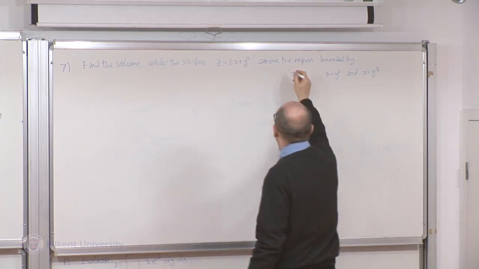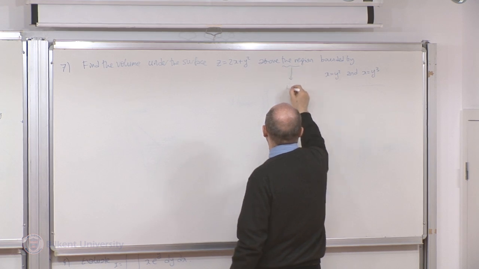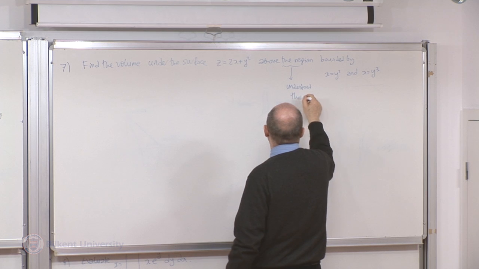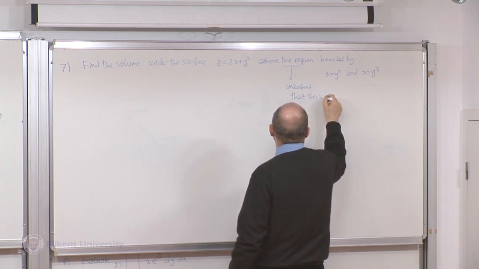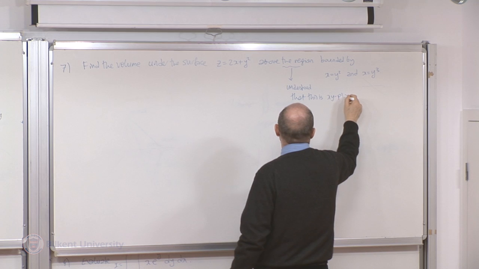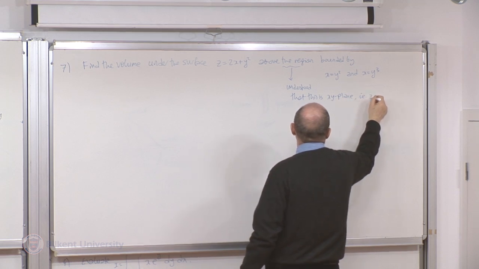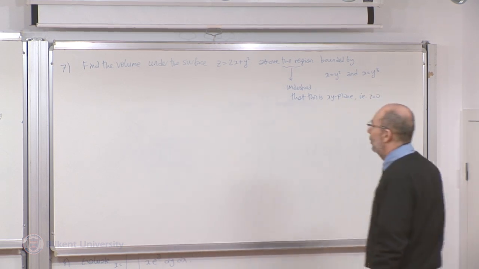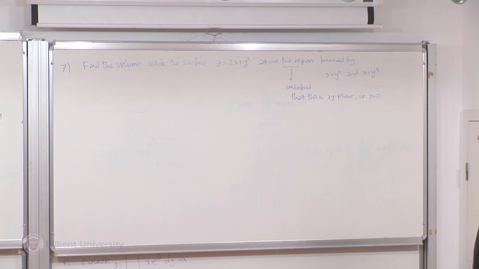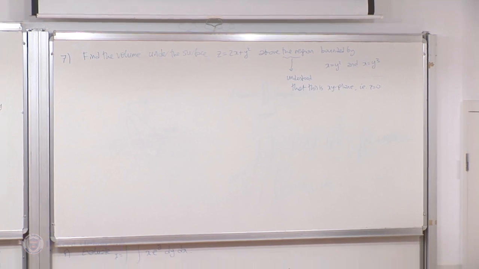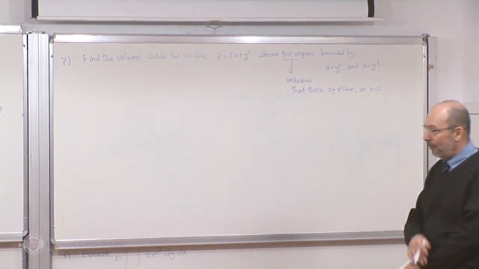Okay, above the region, so it is understood that this is the xy plane, that is z equals 0. So the challenge in such a problem is to sketch the region correctly and set up the integral. Once you set up the integral, the rest is easy most of the time.